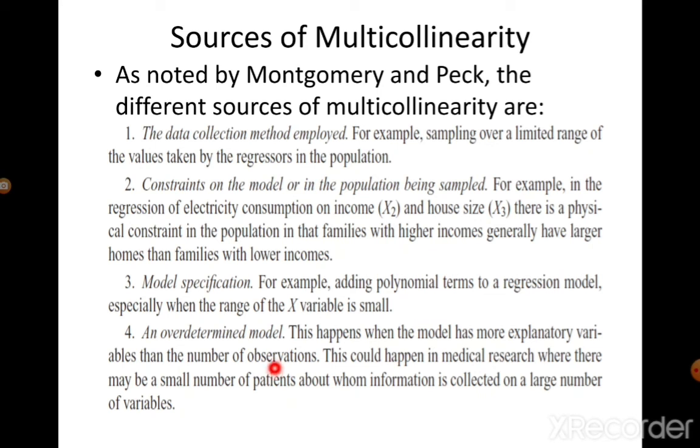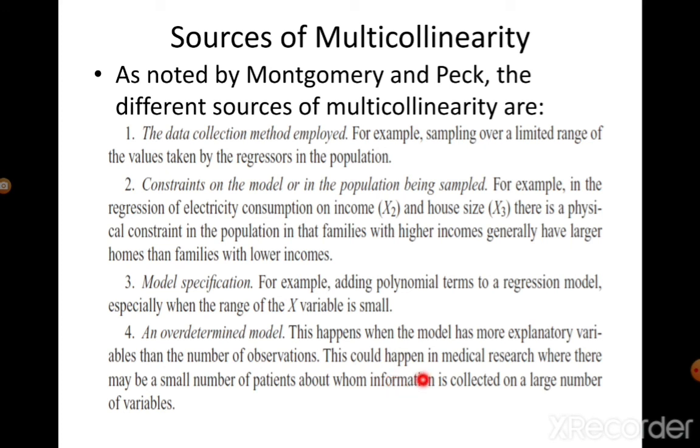In practical situations, especially in medical research, this happens quite a bit, because you have a small number of patients on whom, say, the COVID vaccine is being tested, but you have information regarding a large number of x variables, such as age, presence of heart ailments, presence of diabetes, presence of any gastrointestinal problems and so on.